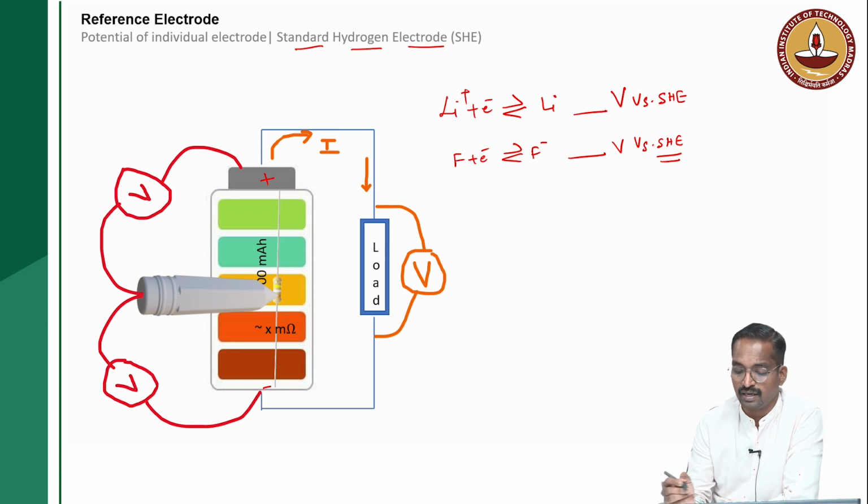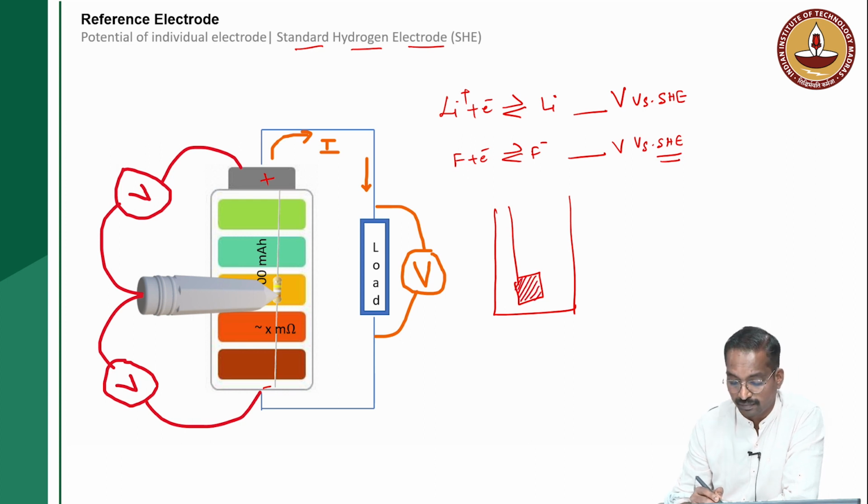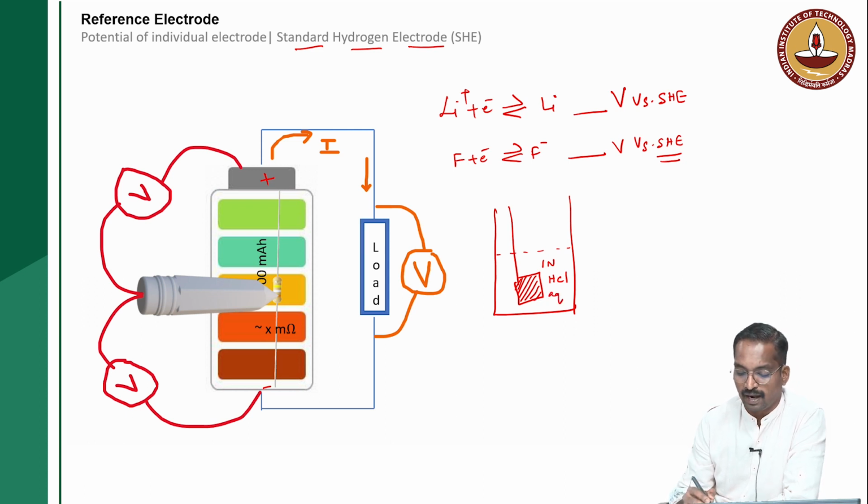It is very simple. The standard hydrogen electrode has platinum coated with platinum black. Platinum black is nothing but high surface area platinum, a nanoparticle coating. That is dipped in 1 normal hydrochloric acid, so the concentration is 1 normal. It is an aqueous hydrochloric acid into which hydrogen gas is bubbled at 1 atmosphere pressure.